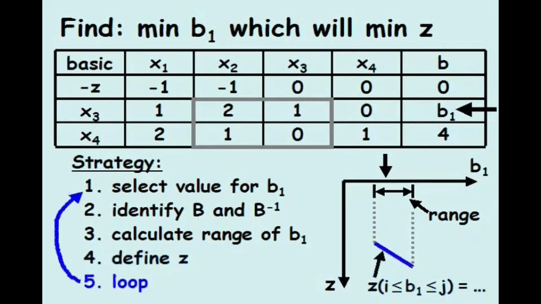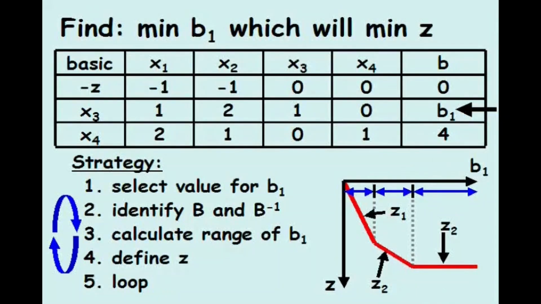Then we'll repeat the process. In the subsequent iteration, we'll select a value of b1 just beyond the range defined in step 3 from the previous iteration. We'll continue this loop until the entire feasible range of b1 values is exhausted and the plot of z is completed.